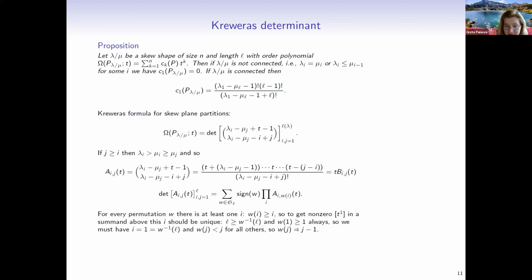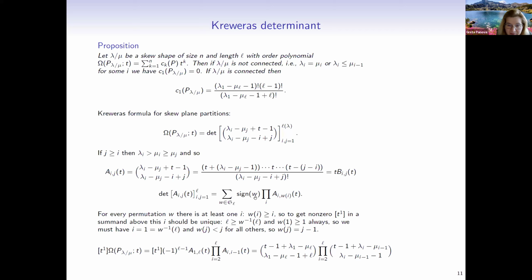And then for the rest, you should have w_j less than j. And this forces you, because it's a permutation, to have w_j equal j minus 1. And so you have only one term that contributes a linear term, you extract it, and now you expand and you get the linear term from this expression here.